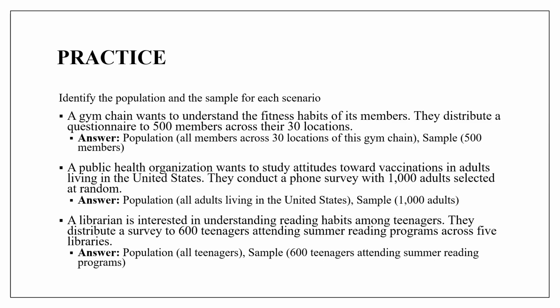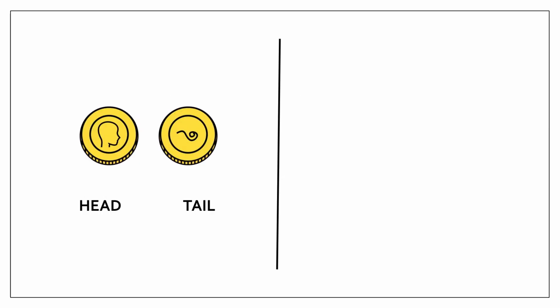This is going to detail what the population actually was and what the sample was from each one of these scenarios. So now that we have an understanding between what is the difference of a population and a sample, we're going to move on to something slightly different, but closely related to these two concepts, and that is going to be probability.